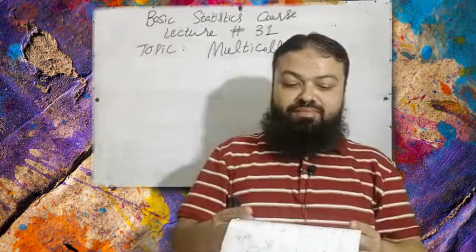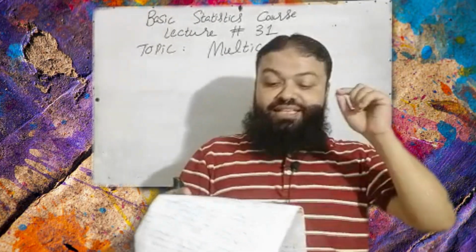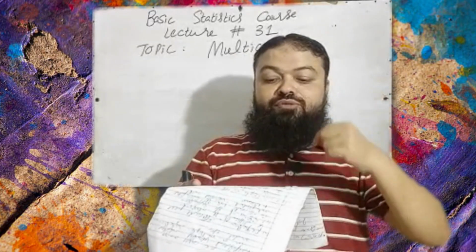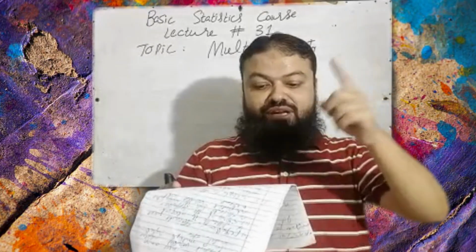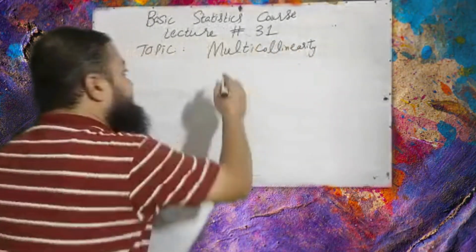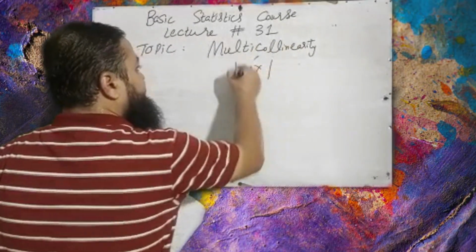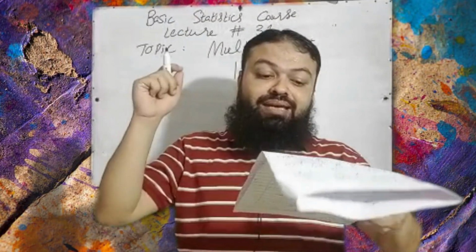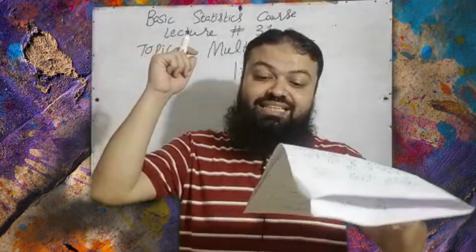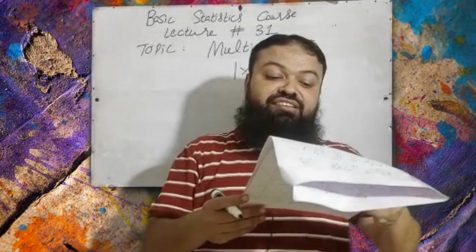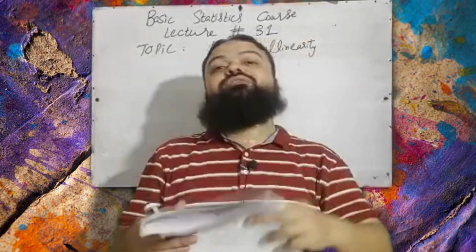Question number 4. For perfect multicollinearity, which one is not true? A, rank of X matrix is less than full rank. Incorrect. B, X prime X determinant cannot be inverted. C, X prime X inverse is indeterminate. D option, X dash X determinant is not equal to 0.